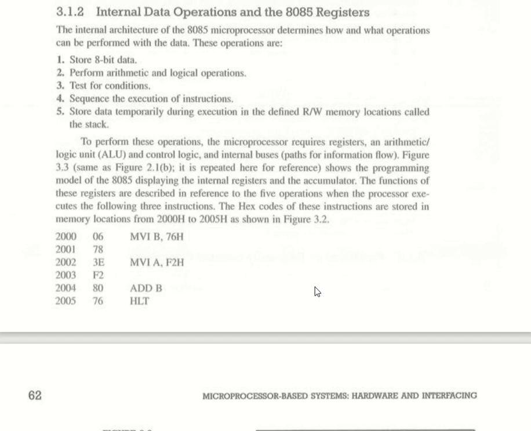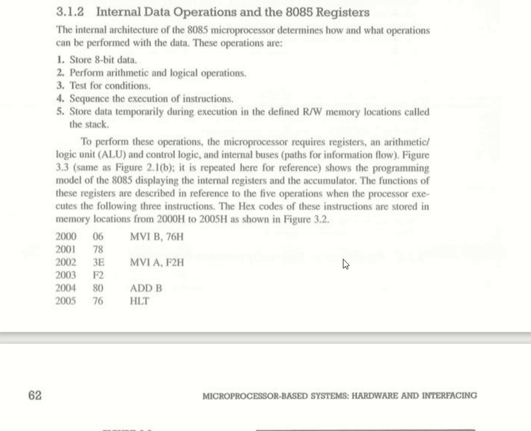The internal architecture of the 8085 microprocessor determines how and what operation can be performed with the data. And what are these operations? So there are five types of operations basically. First is to store 8-bit data. We have different registers for that. Second, to perform arithmetic and logical operations, there is a special register called the accumulator in which we perform all those operations.